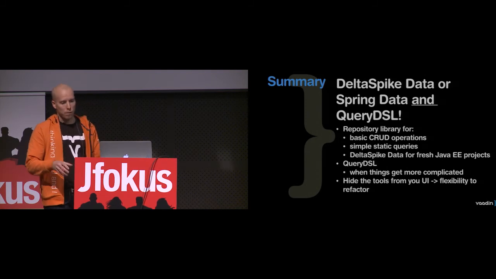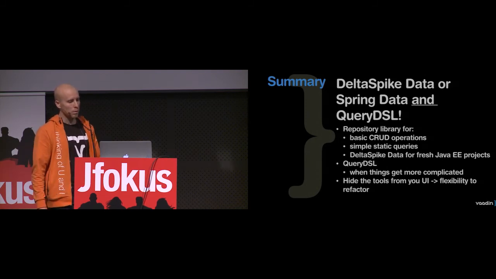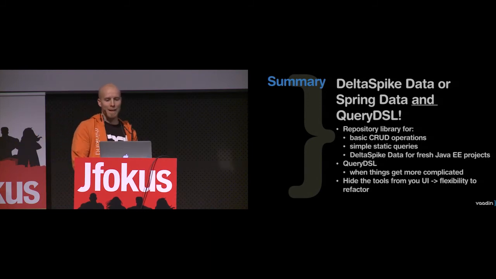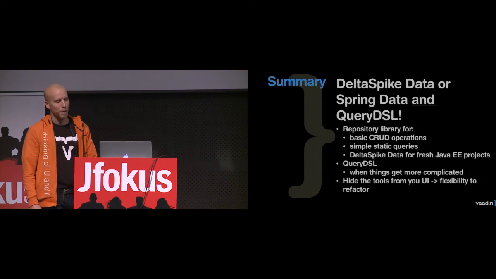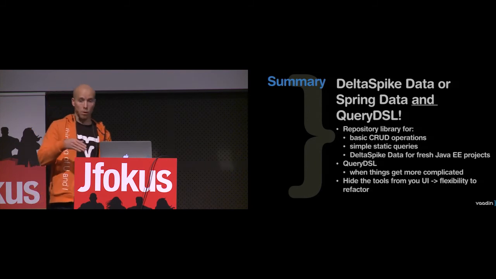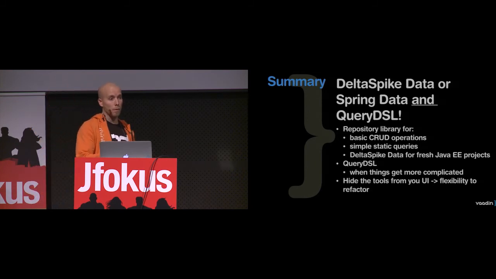So for simple CRUD operations and simple static queries I would use repository libraries, but when there is a need for more dynamic and complex queries, I would go with QueryDSL. And when you're using these helper libraries, you can always go all the way down to the entity manager level and use the low-level Java EE API there.